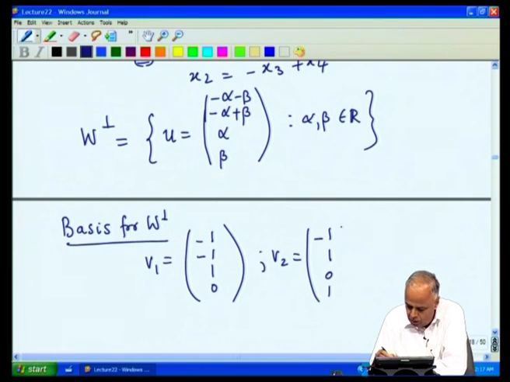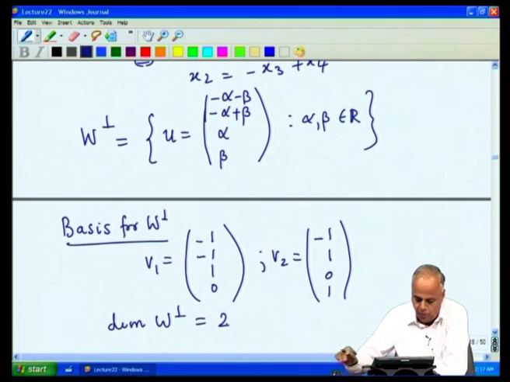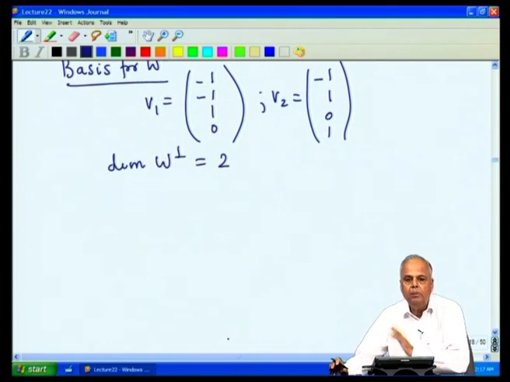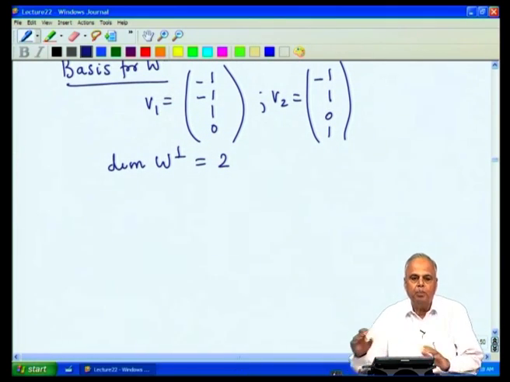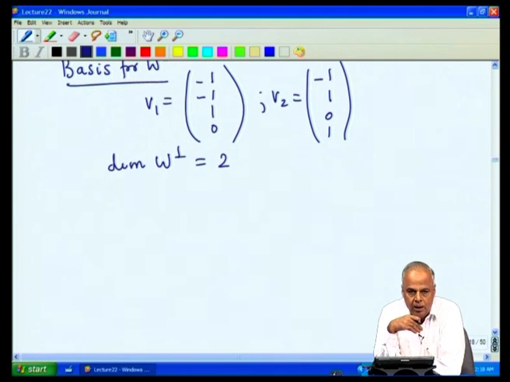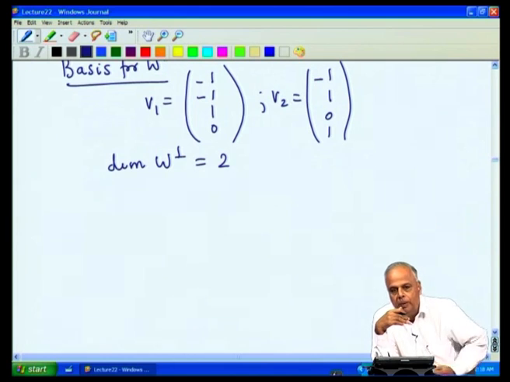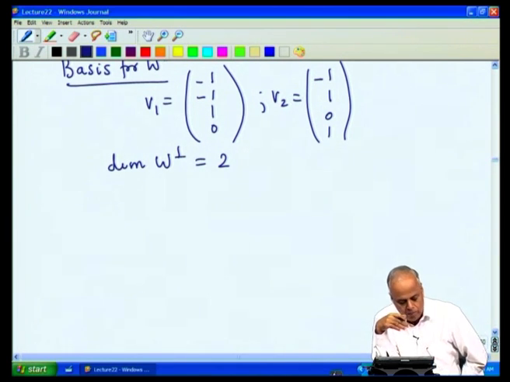So, this forms a basis for W perp. So, the dimension of W perp in this case is 2. So, we have this notion of the perp of any arbitrary set, and the perp of any arbitrary set is automatically a subspace of R k, and in particular the perp of a subspace is always a subspace.